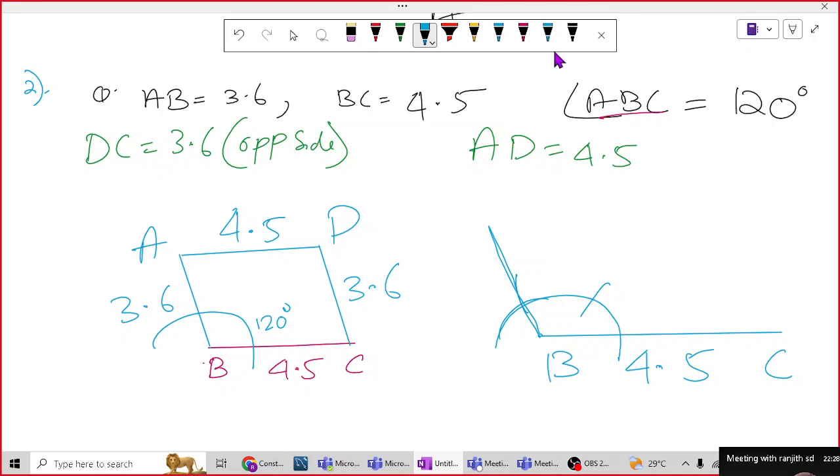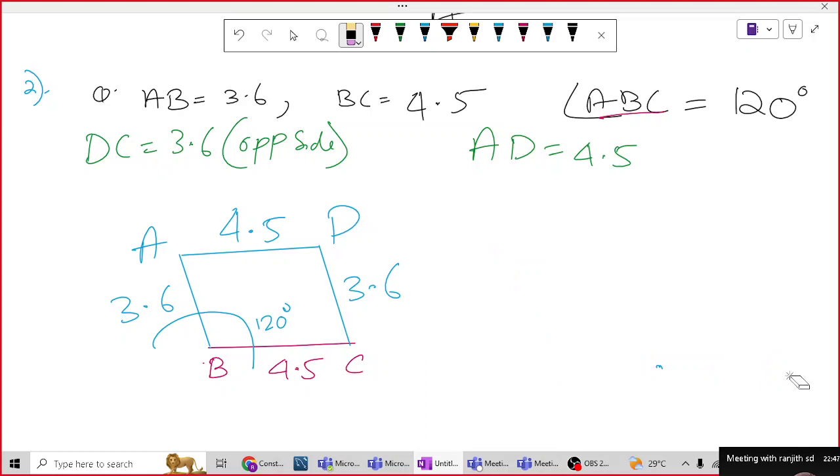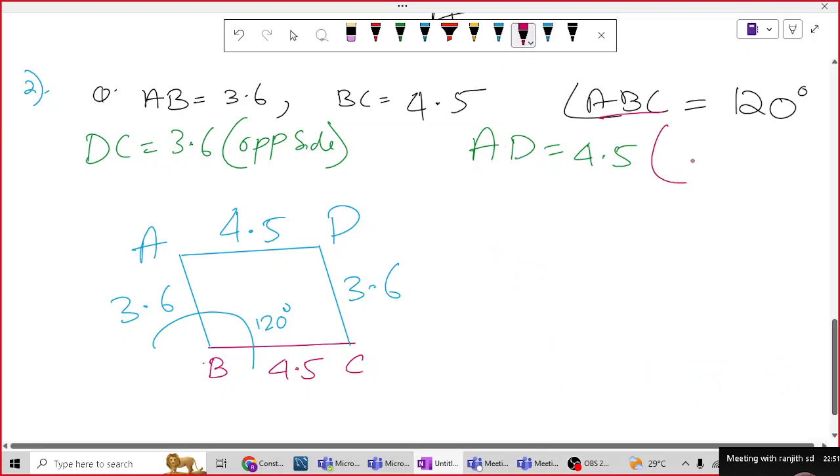Opposite sides are equal. Did you understand the rough diagram and all the values which I have written here? DC, AD.